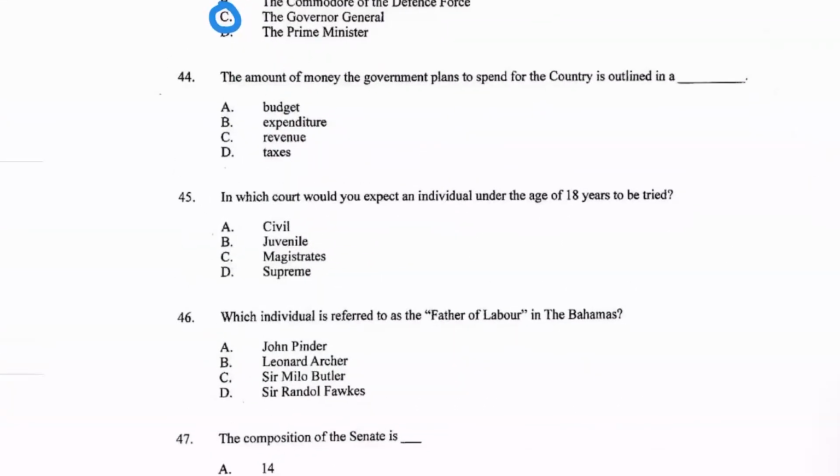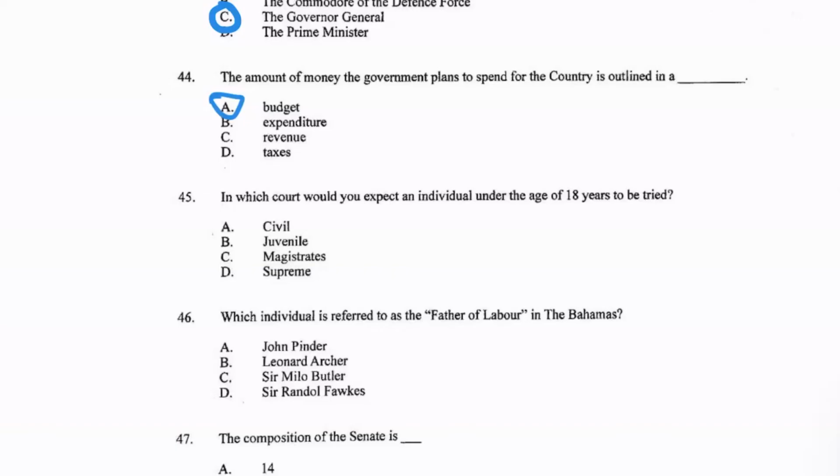Okay, good job, everyone. The amount of money the government plans to spend for the country is outlined in a what? A budget, expenditure, revenue, or taxes? Someone saying expenditure, some are saying budget. All right, so the answer is A. The amount of money the government plans to spend for the country is outlined in a budget.